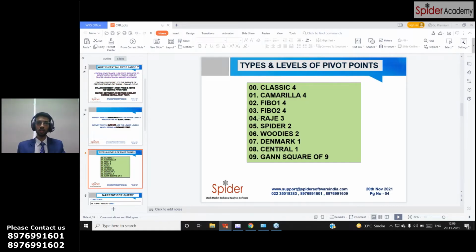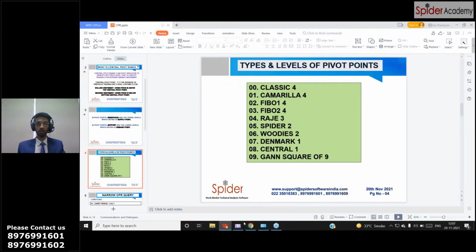Like you can see here, this is Range 3. Range 3 means it has 3 resistances and 3 supports. In central, there is a 1, which means it has only one resistance and only one support.